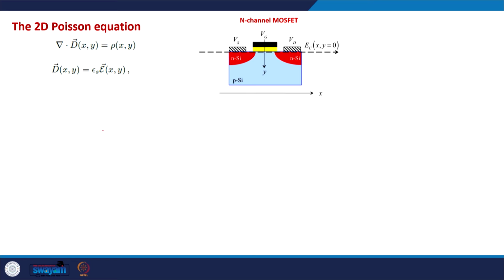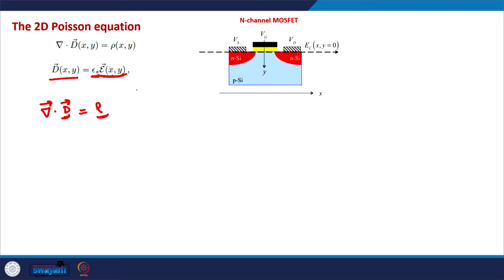So the 2D Poisson equation looks like this. The general Poisson equation is del dot D equals rho. Rho is the spatial charge distribution, D is the displacement electric field vector, and in 2D, in both x and y directions, D(x,y) is epsilon_s, which is the dielectric constant of the semiconductor, times the electric field as a function of x and y.